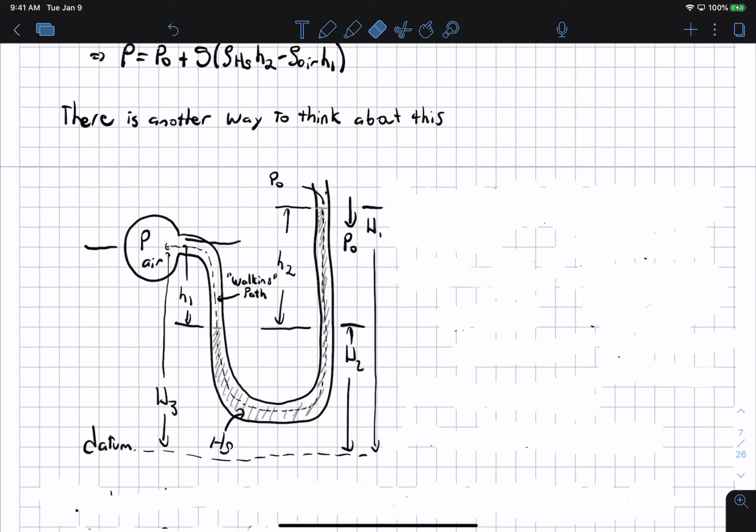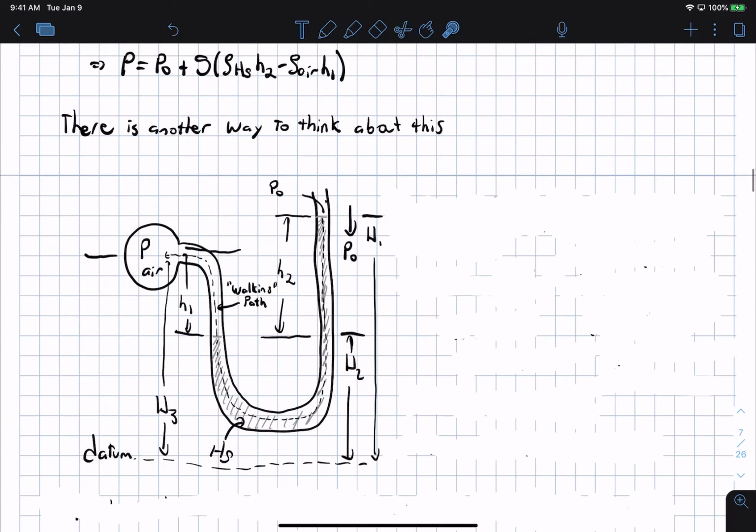Well, really what we did here is I started here and walked to this point here, and I started here and walked to this point here, and used the fact that the pressure is the same between those two points.